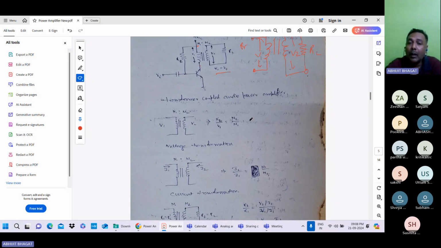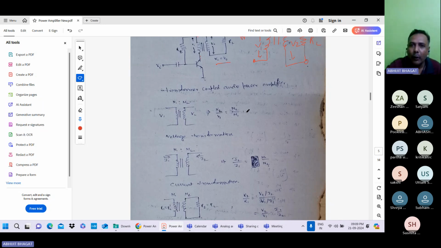there are some properties or features of the transformer, and I think all of you know it. First is the voltage transformation. In case of voltage transformation, suppose N1 and N2 is the turns ratio of the coil.